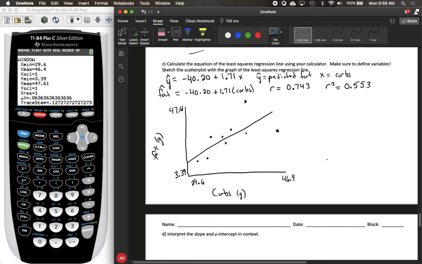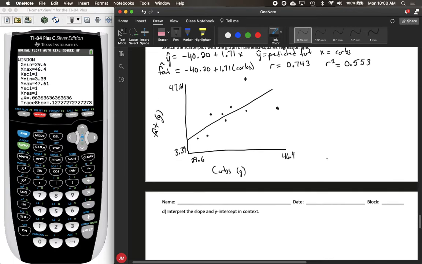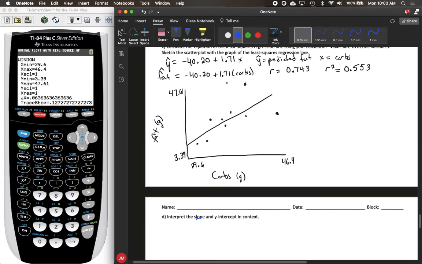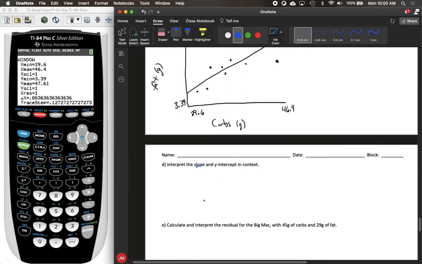Okay, so now let's use that information to do a couple of things with it. Let's first interpret the slope and y-intercept in context. Let's start with slope. Our slope of our regression line was 1.71.